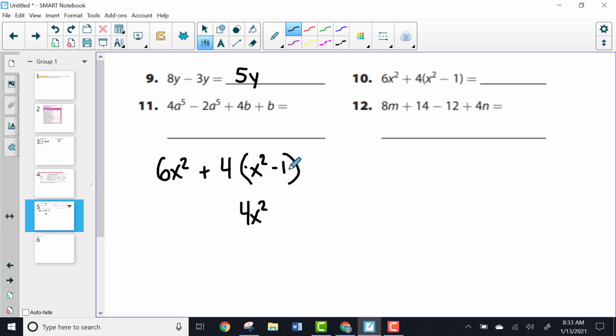And then I have 4 times 1, which gives me 4. We have our subtraction sign there. And now I have 6x to the power of 2, and I'm going to keep my plus sign there. Okay, now I have used the distributive property. Now it's time to box all my terms in. So I'm going to box all my terms in here.